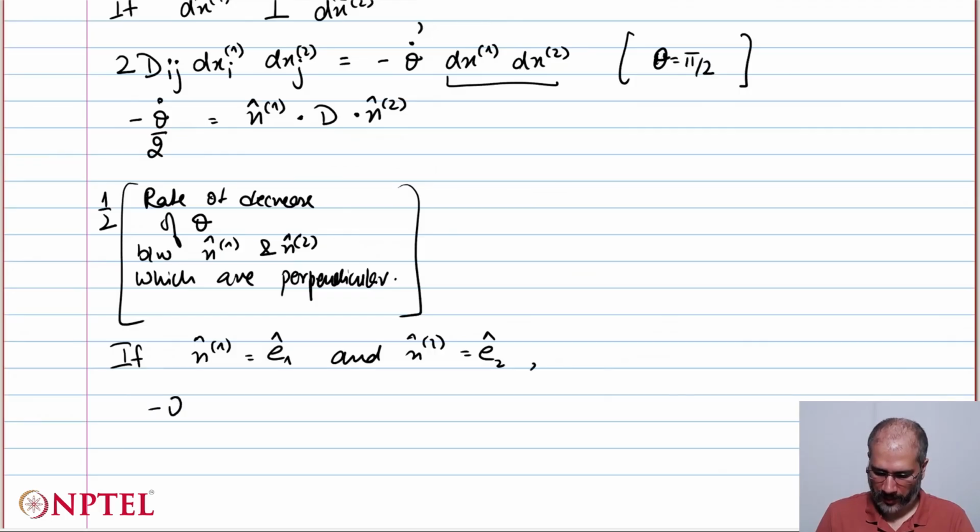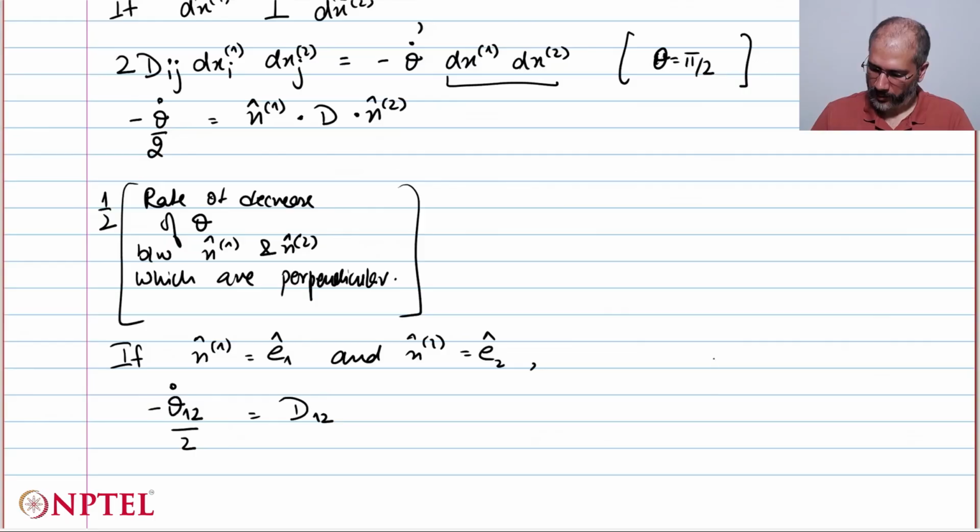Then I get minus theta dot 12 upon 2, and that is equal to d12. So it's like you had n hats in the coordinate directions like this, which were perpendicular in the current time, and then at a later time you will see that the angle theta that was 90 degrees earlier becomes this angle.